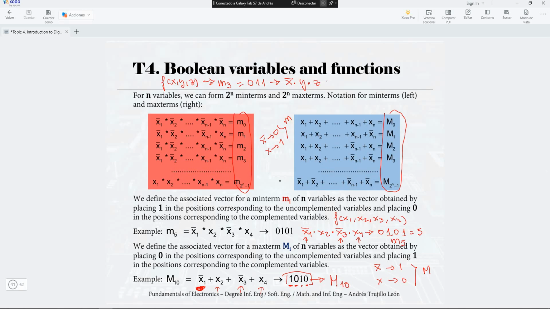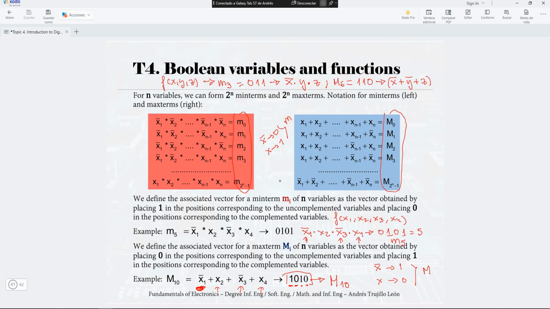If I told you to obtain the max term 6, 6 in binary is this. So a max term is a sum. So if it's 1, it's going to be negated. And if it's 0, not negated.